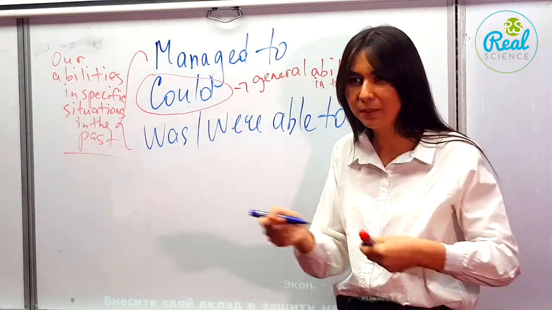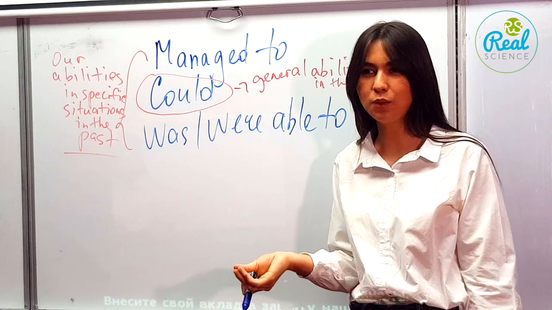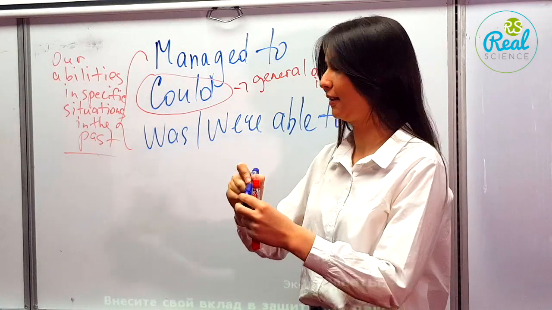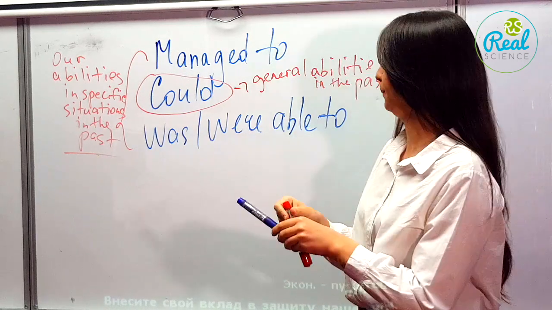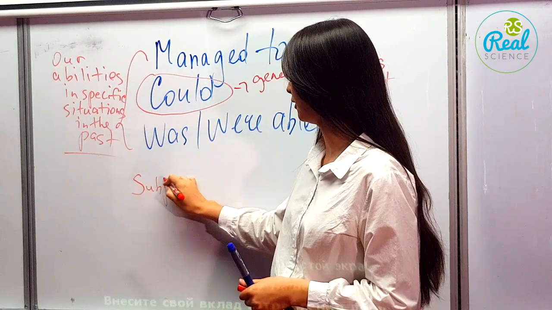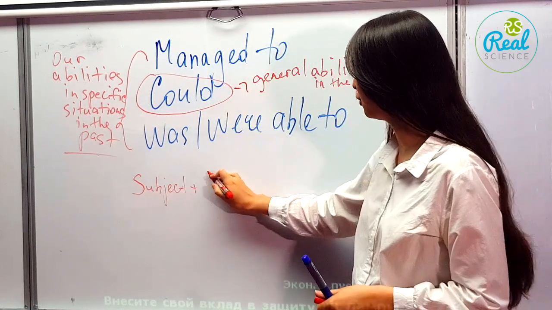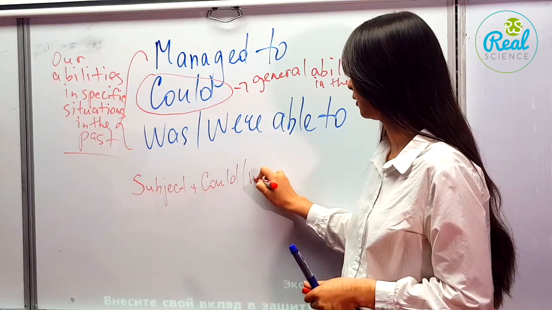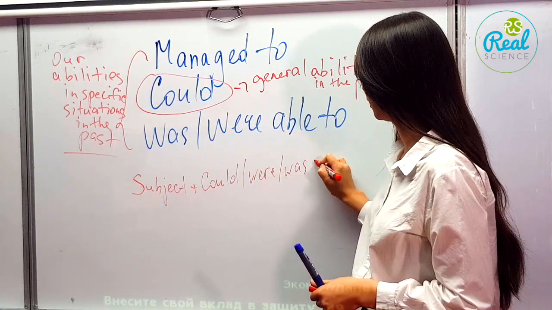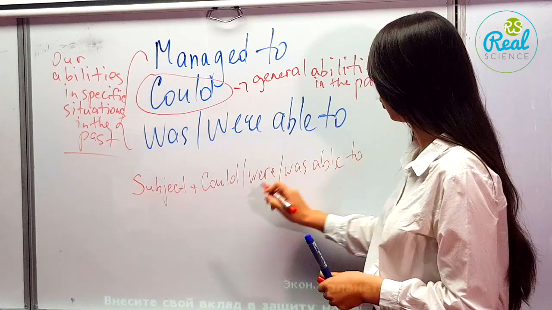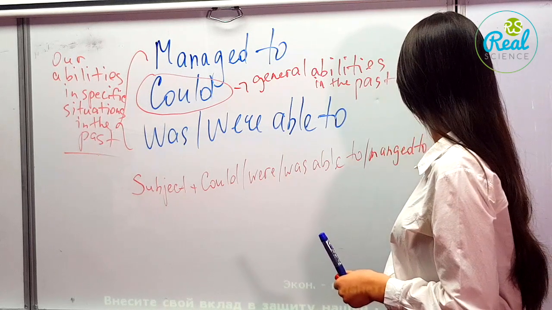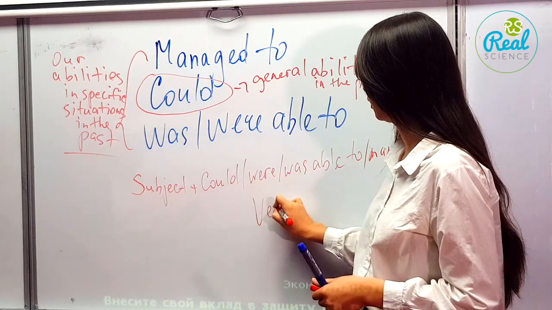Before the examples, can you tell me the formula for this one? I think it's an easy one, yes? Okay, can you tell me the formula? Subject plus was or were able to, or managed to, plus verb.